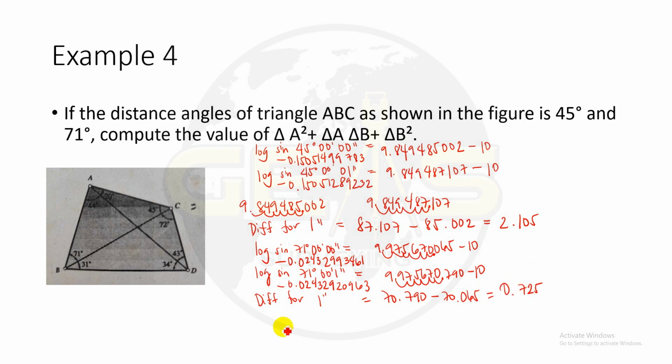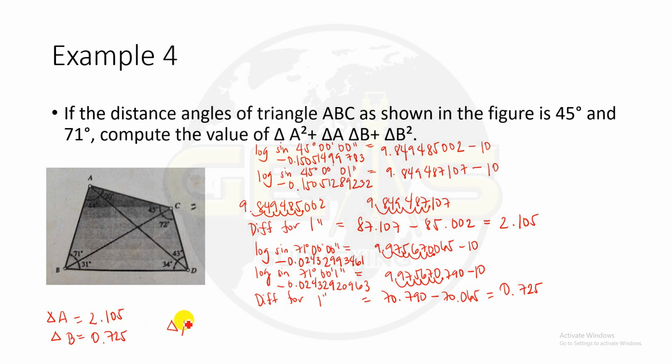Okay, so delta A is equal to 2.105 and delta B is equal to 0.725.